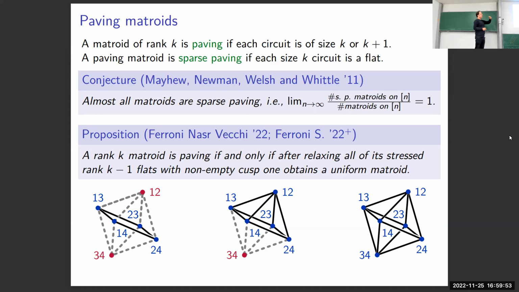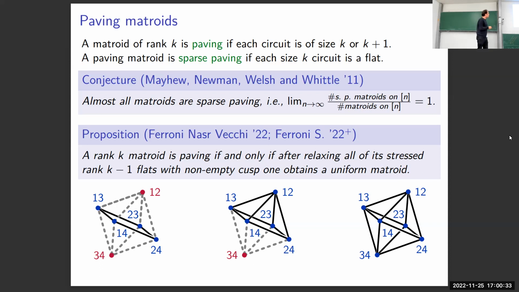That means everything up to the last node, which is not interesting, and then there's the layer of rank k minus 1 flats, and there all my circuits appear. It's called sparse paving if this is also true for the dual matroid. In other words, each circuit of size k is actually a flat for my paving matroid, meaning that the cyclic flats are just one circuit, not a union of more. So these are nice classes.